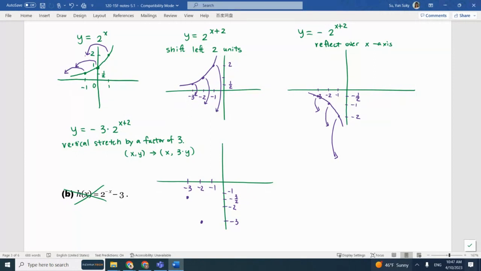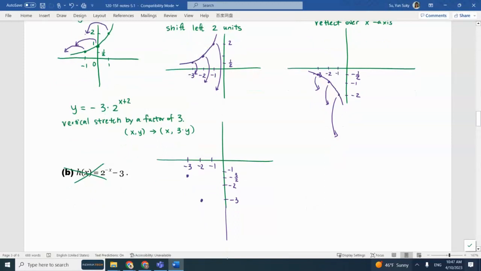When you multiply by 3, you get -6. Oh, -6 here. And then you connect those 3 points together. Okay, everybody? So you draw those 3 points and then you connect them smoothly.